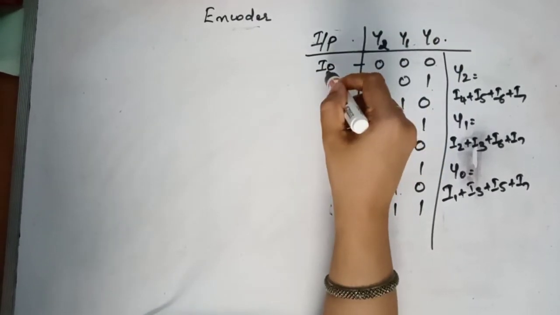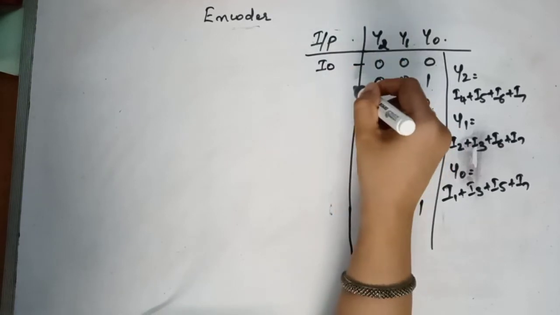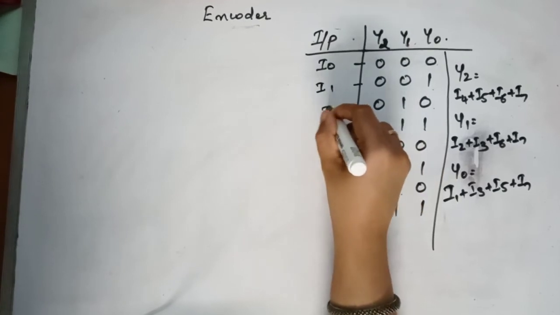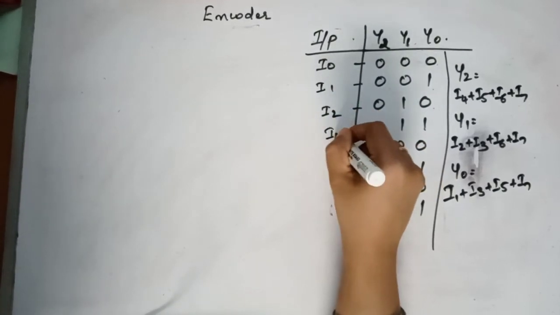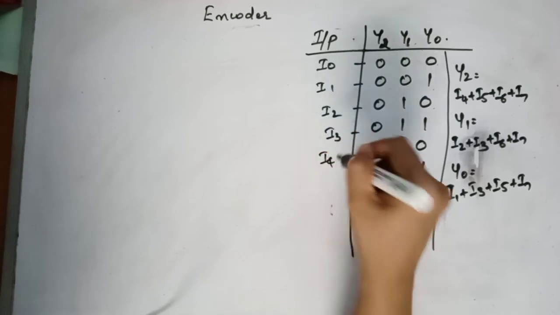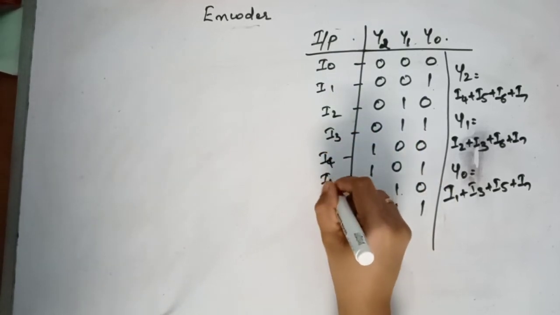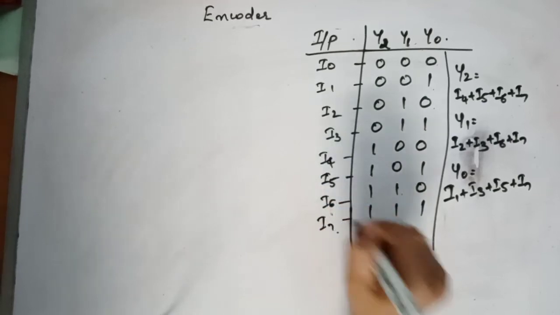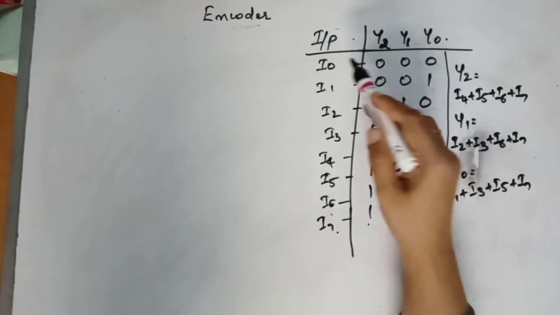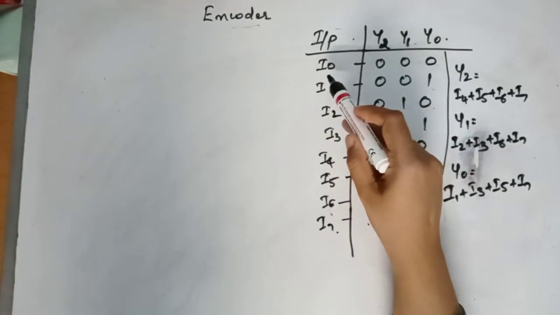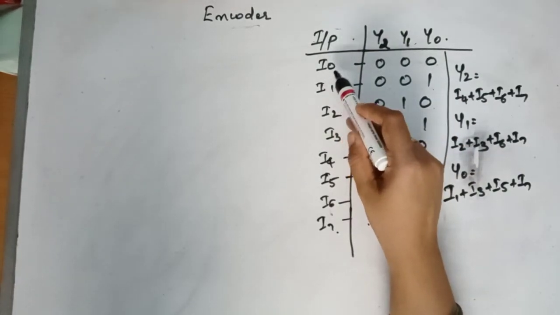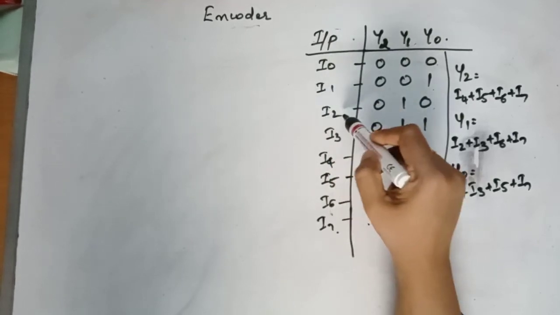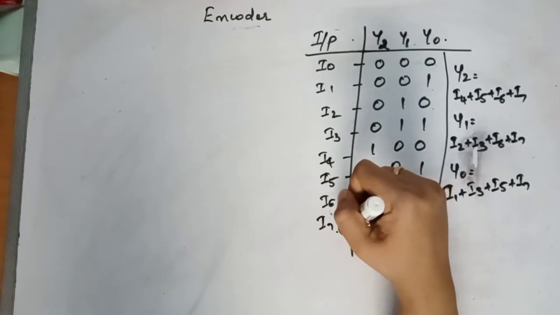This means that I0 is 1. All the others are 0. I1, I2, I3, I4, I6, I7. You can just write it like this in this particular case only. So this essentially means that the input is only this: only I0 is 1. Only I1 is 1. Only I2 is 1. Likewise, only I7 is 1.